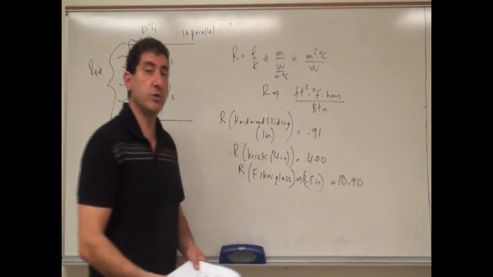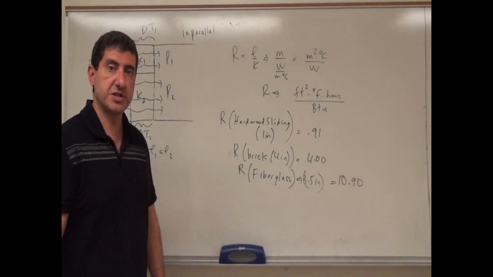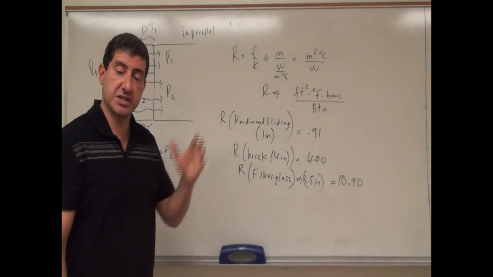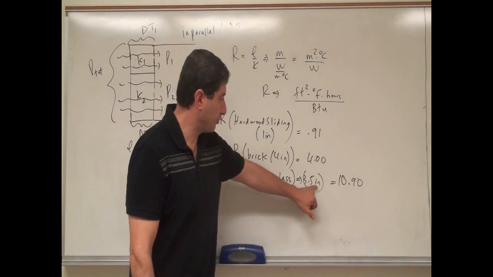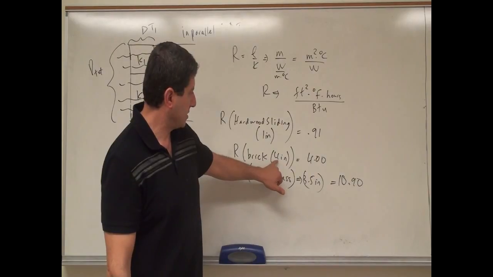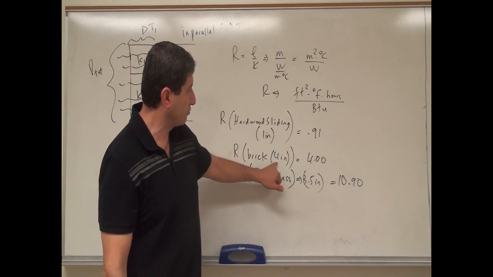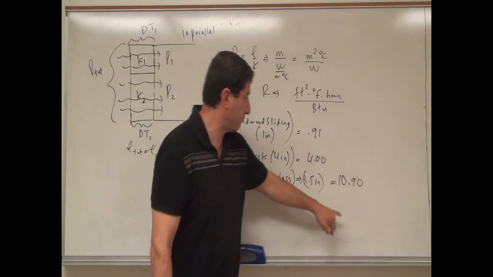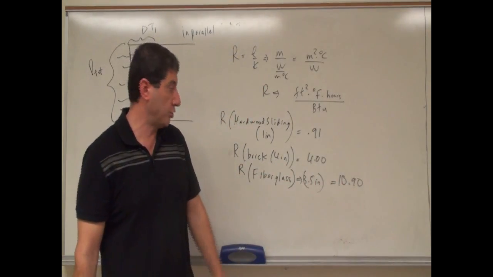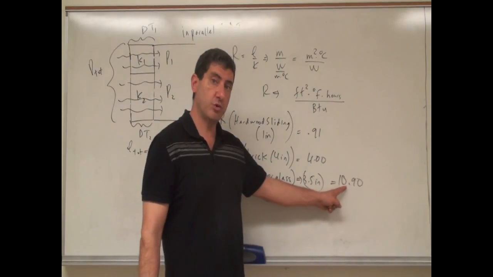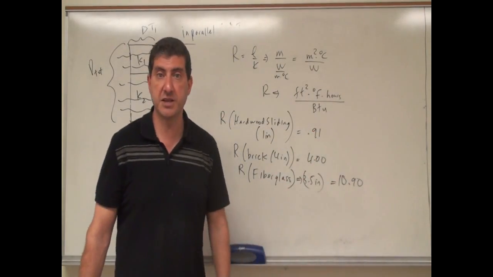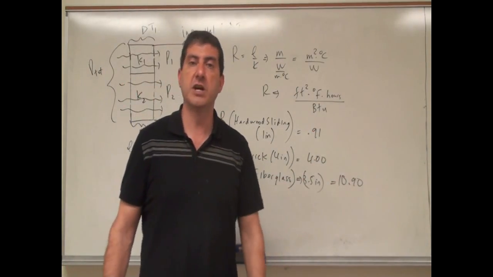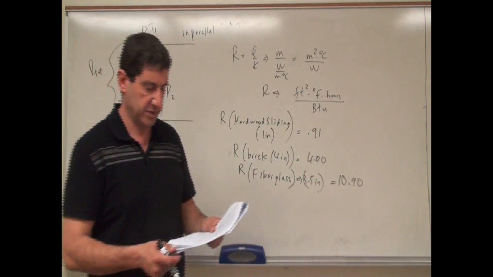You can see why fiberglass is one of the materials preferred for insulation inside of drywalls. We have a 3.5 inch, which is a little less than 4 inches of brick. It's even less thick, but it has an insulation factor of 10.9 versus the brick's 4.0. So the bigger this value, the 10.9, the better insulator it is, and we can use that for insulating the walls of buildings, right?